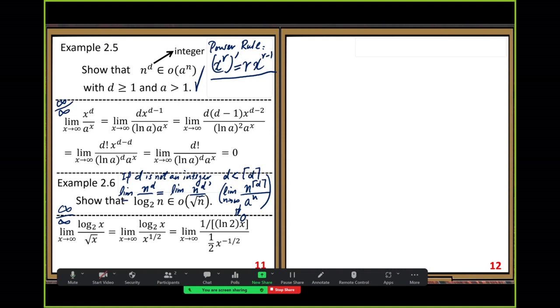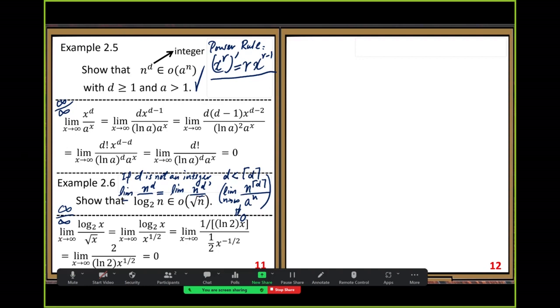If you cannot remember the formula, just search the web or a calculus book. For the denominator, we just use the power rule. After simplification, you can see it's not indeterminate form. The numerator is constant, the denominator goes to infinity. So the answer is 0.